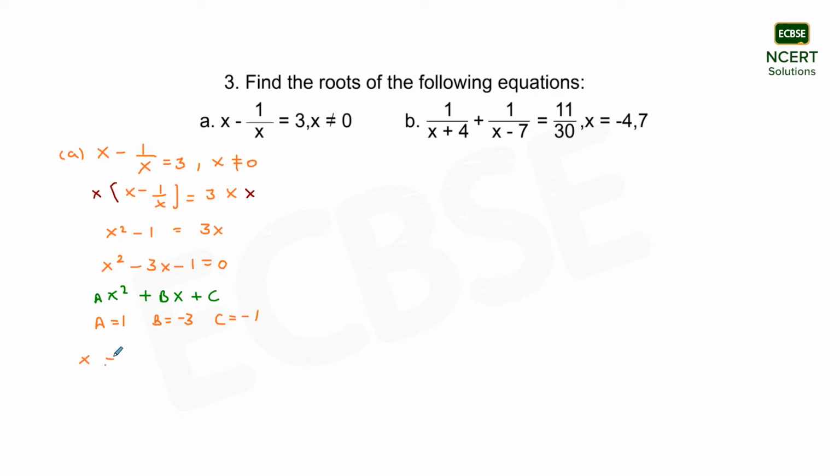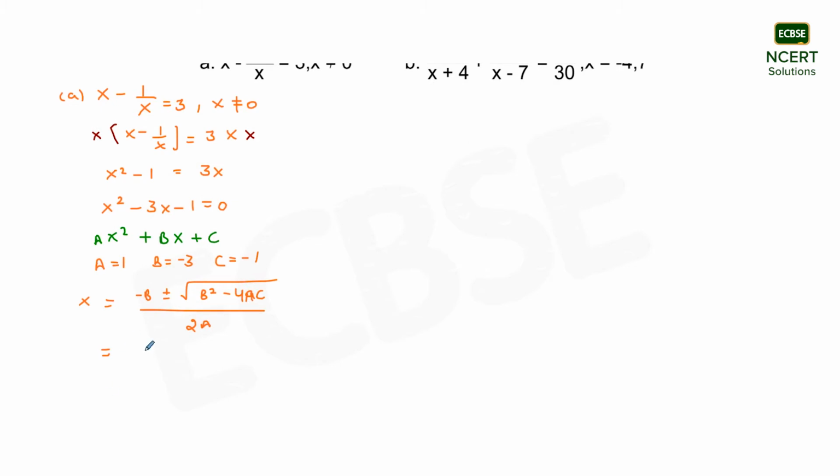So applying the quadratic formula, x is equal to minus b plus minus root b square minus 4ac divided by 2a. Substituting the values of a, b and c in this formula, here I will get x is equal to minus into minus 3 plus minus root 13 divided by 2, or I can write it as x is equal to 3 plus minus root 13 by 2.